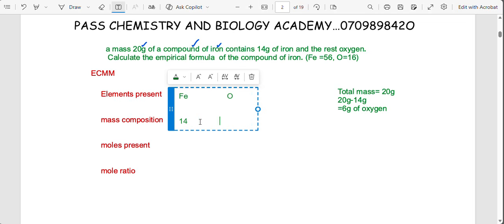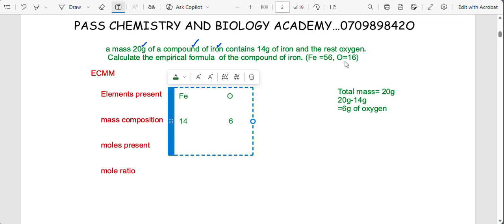We can get the balance of oxygen, which is 6 grams of oxygen. Hope no one is confused.